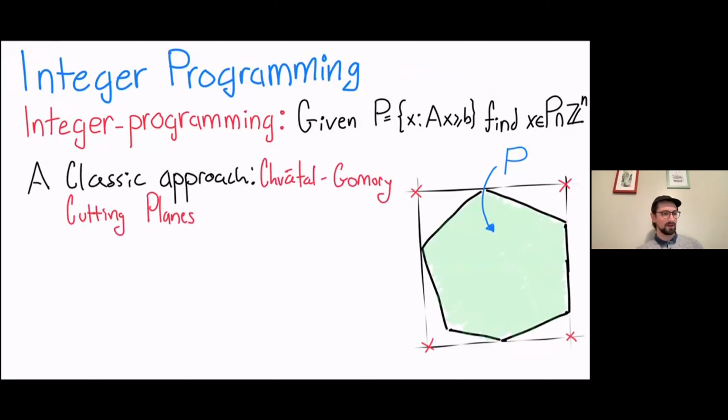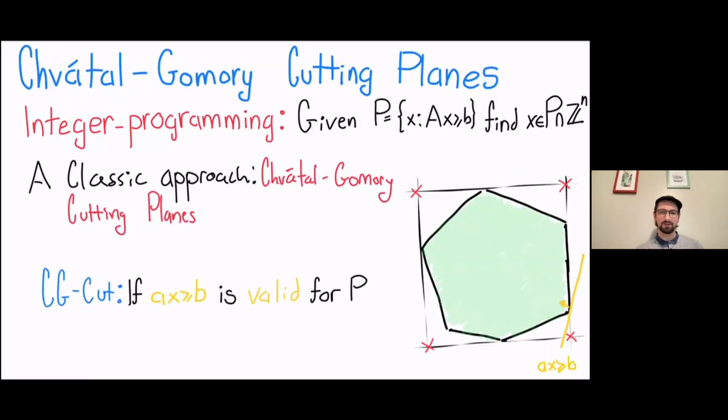Okay, so a classic approach for solving integer programming problems is Chvátal-Gomory cutting planes. It's a class of algorithms, or a method. In order to define what that is, we need the notion of a CG cut. Here we have a valid half space. That means that every rational point, or real point, in the polytope satisfies that linear inequality.